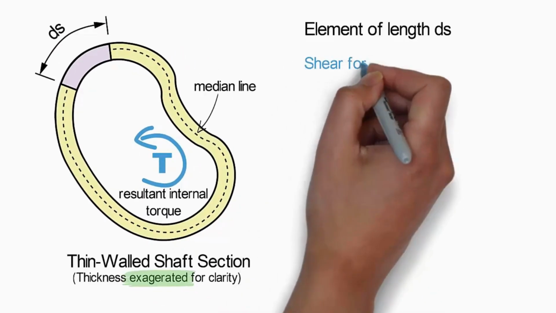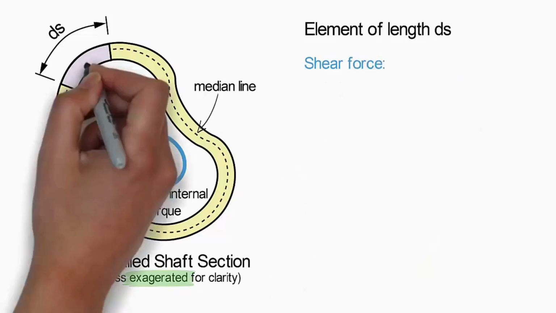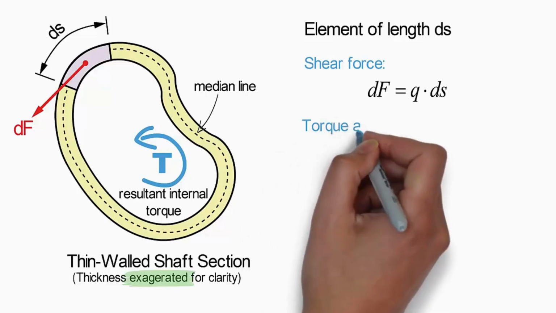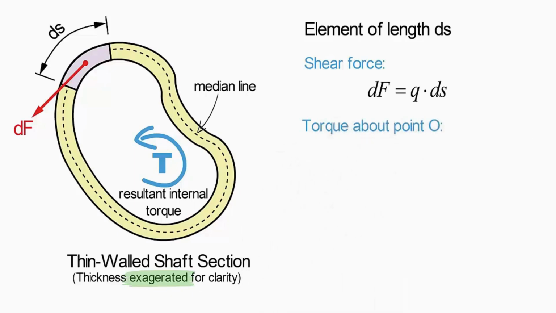The shear flow acting on this element will produce a resultant force which we will call dF. Because the element is infinitesimal, the curvature of the path ds is negligible, and the resultant force is precisely equal to the shear flow Q multiplied by the element length ds. This resultant shear force will generate a moment dT that contributes to the overall resultant torque of the cross-section.